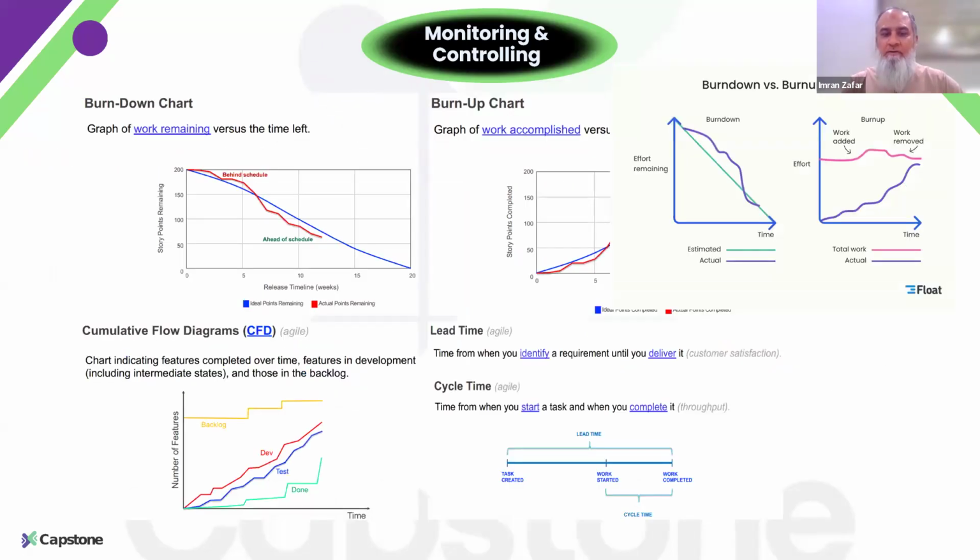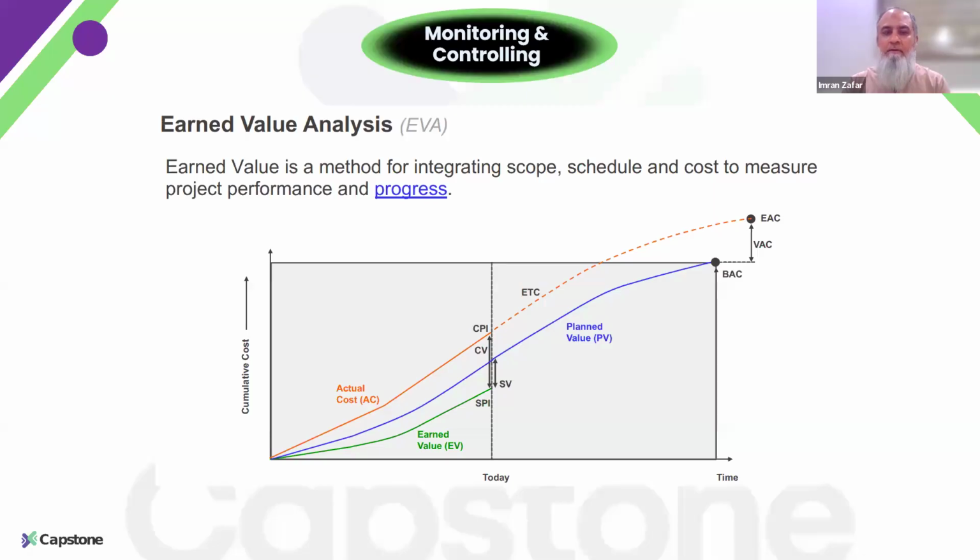And these charts we have already talked about. These charts help us in monitoring and controlling as we go along into the project. We talked about earned value management as well, how this helps us in understanding whether we are ahead of schedule, on schedule, or behind schedule, and if we are over budget, under budget, or at budget.